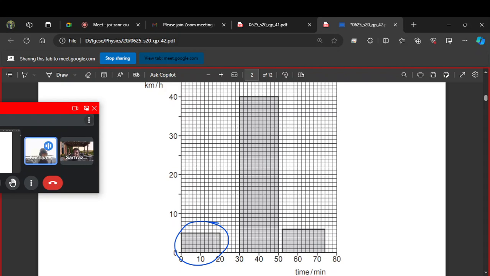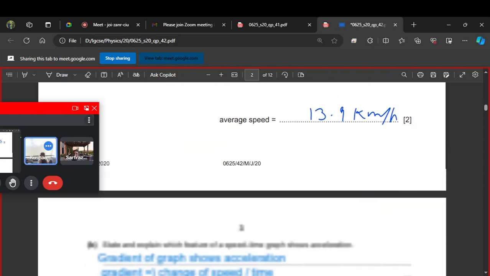At time 40 minutes, from 30 to 50 minutes the speed is constant, which is 40. So the speed does not change. Then if the speed does not change, what is the acceleration? Zero. Yes, so acceleration here will be zero.